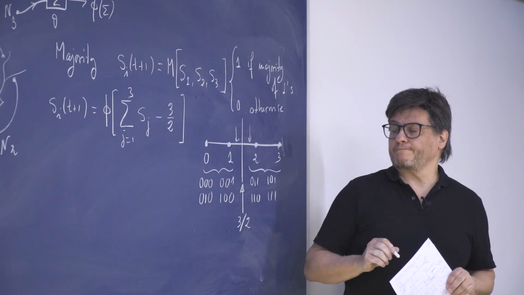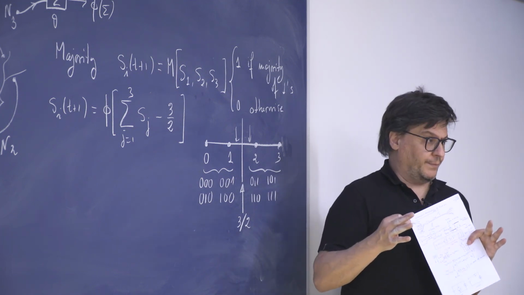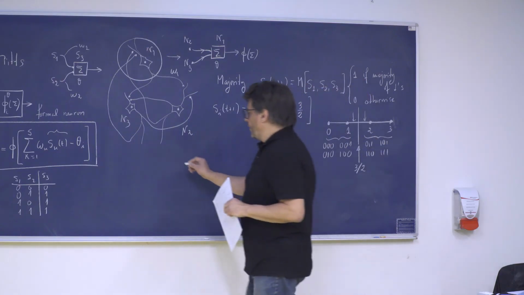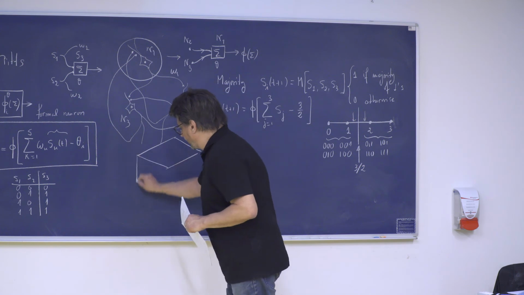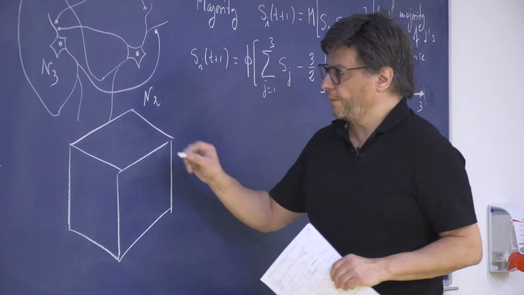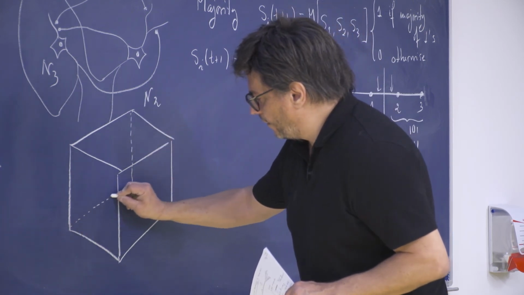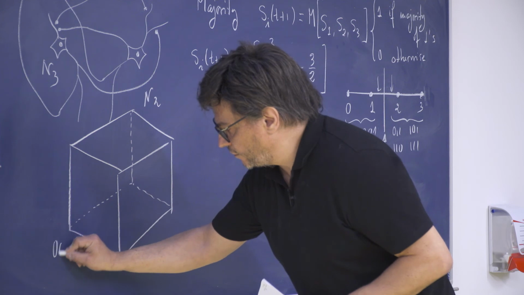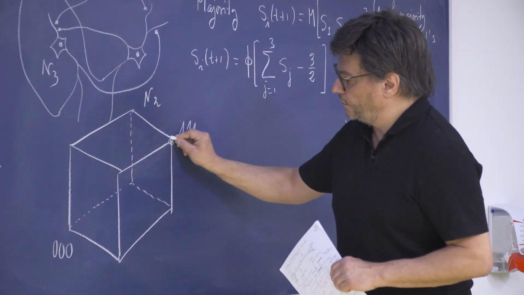Okay, how does this look when I use the Boolean cube, right? Well, in a moment you will see that this is telling us something really interesting. As usual, this 0, 0, 0, 1, 1, 1.